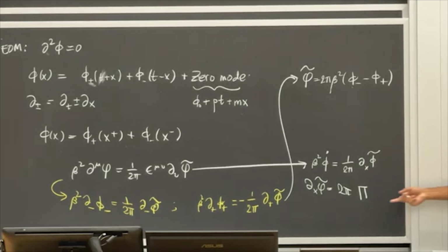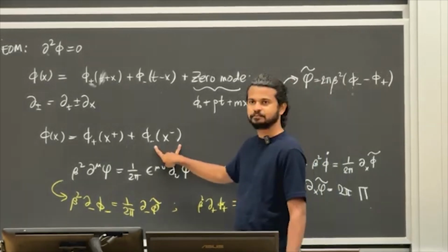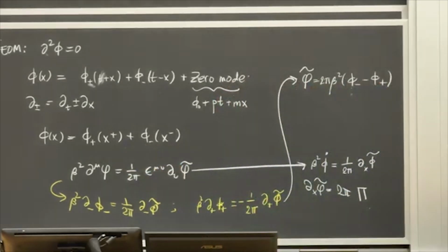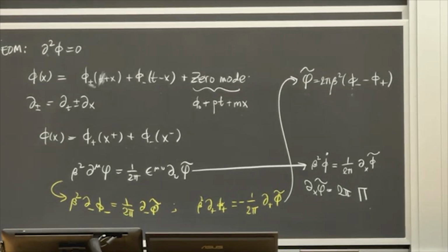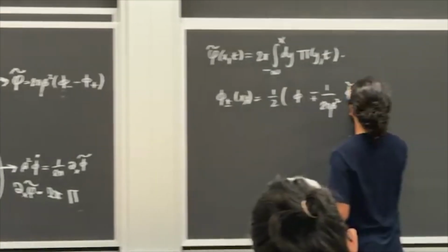Just solve this. Then now I have two equations. I can solve for phi plus and phi minus, right? So phi plus minus is nothing but half phi minus plus 1 by 2 pi b square phi tilde.